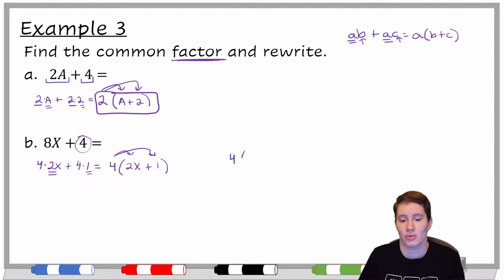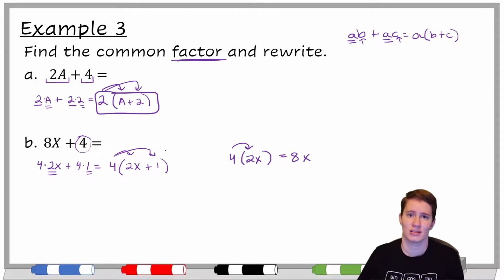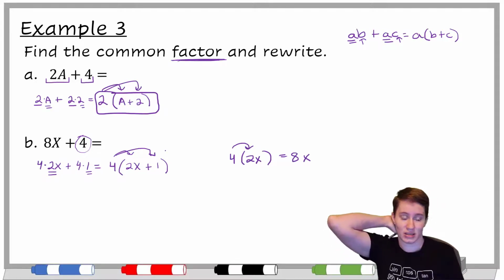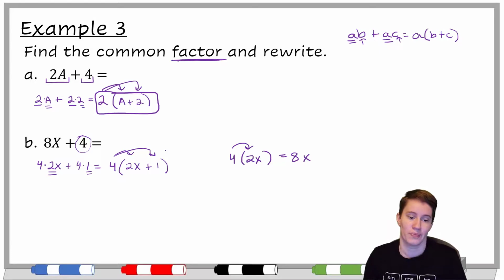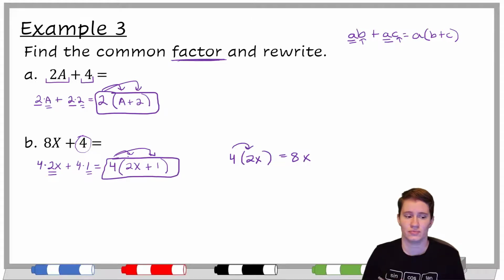If you put 4 and then 2x in parentheses and that's it, well, that's just 8x. So we've accidentally gotten rid of the information that tells us there should have been a plus 4 there. It may take some getting used to, but if the common factor that we have is the exact same as one of our 2 terms, that term just ends up being 1 inside the parentheses.